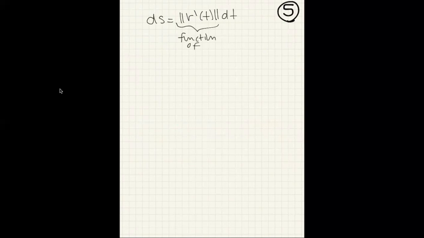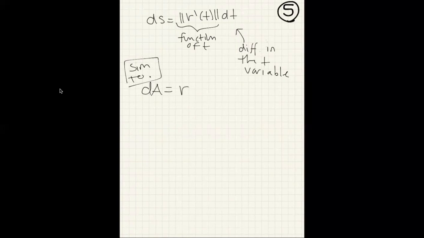of t, and this is sort of like a differential in the t variable. It's similar to things we've seen before, like dA in polar, which was something like r times dr d theta.